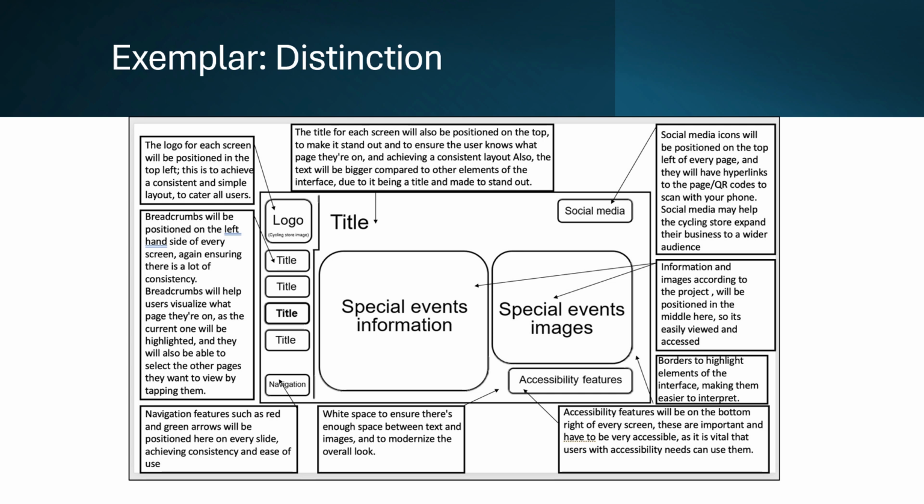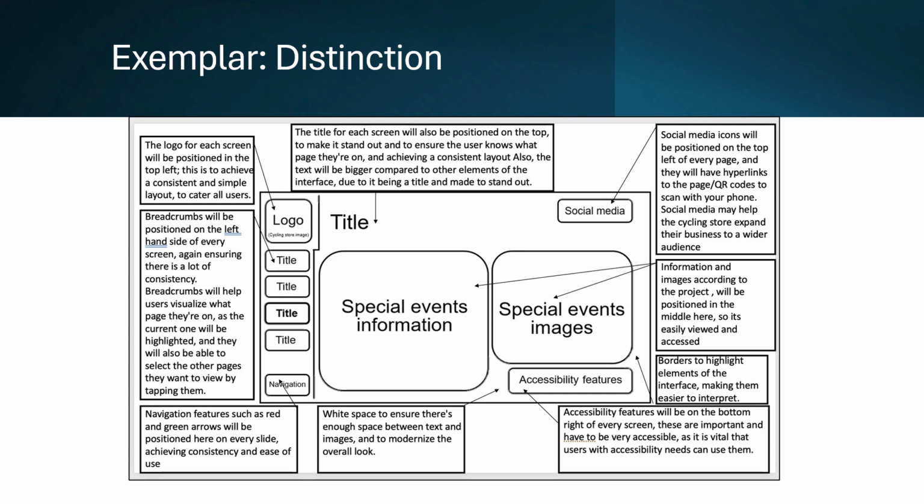So remember, for title we want the text to be bigger to stand out, so it's easy to identify and is the common place people look for. They've talked about social media icons, where these will be positioned, as well as links to QR codes and hyperlinks. They've referenced information and images according to the project and where they will position these.